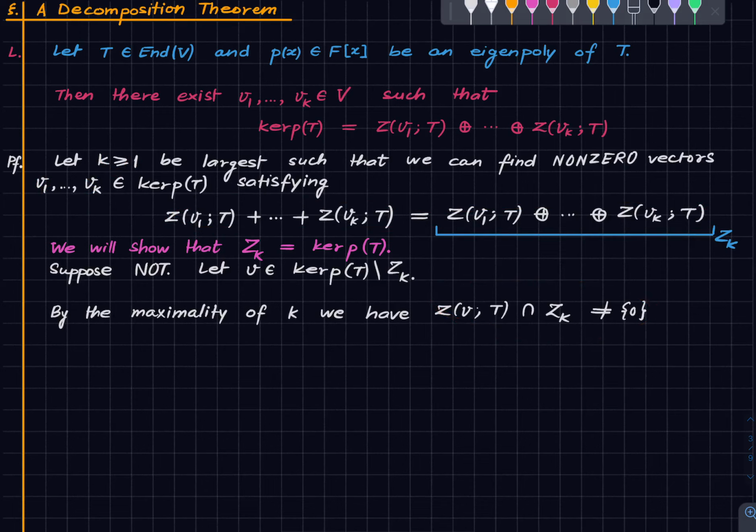So one can pick some non-zero vector here in this intersection. All right.